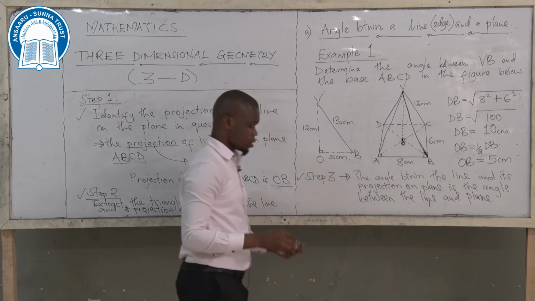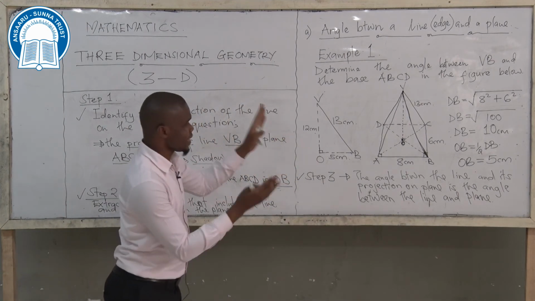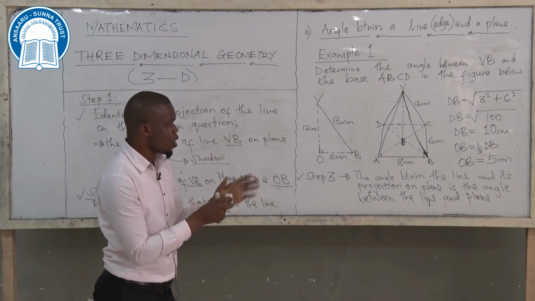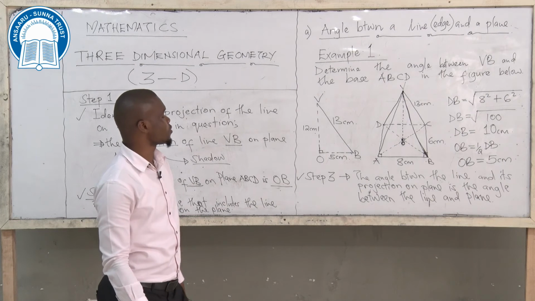What are we saying in short? If you are able to get the angle between the line and its projection, then it means you have also gotten the angle between that line and the plane that was there, the plane in question.